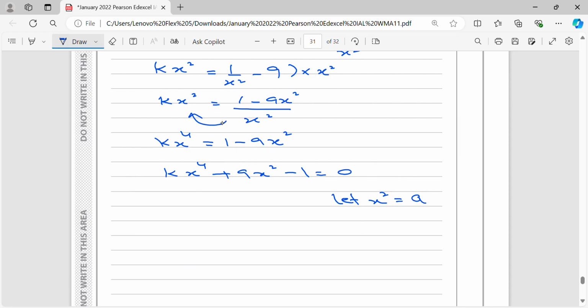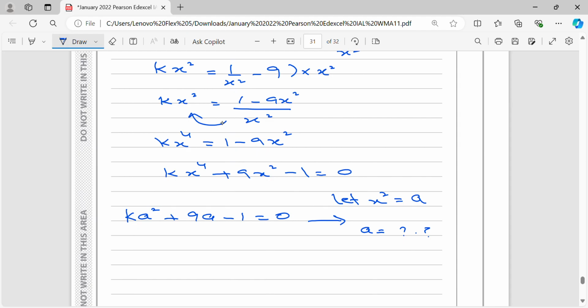Okay, so I can rewrite my equation as k a squared plus 9a minus 1 equals 0. And I can solve this quadratic equation. If I solve this quadratic equation, I will get two values for a. Okay, two answers for a.